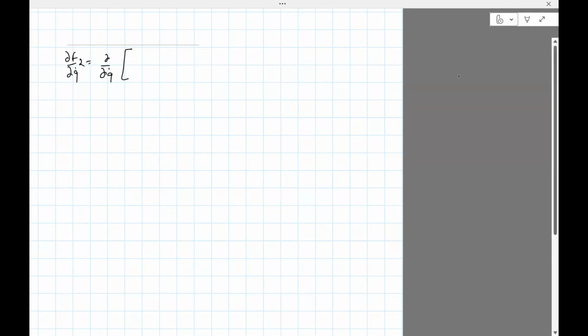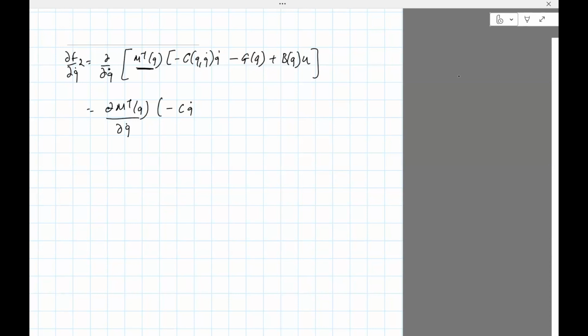So F2 is M inverse of Q, minus C(Q, Q dot) Q dot, minus G(Q), plus B(Q)U. Okay, now technically you need to do the chain rule, that is dM inverse dq dot and then this one, but it turns out that when you take the derivative of the first term, we just write this down as is.